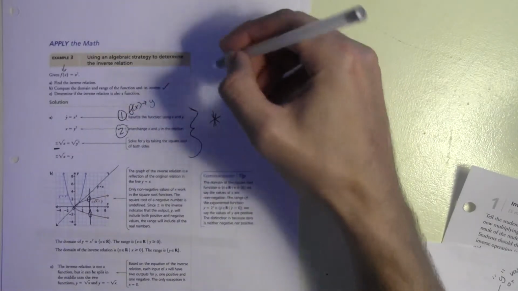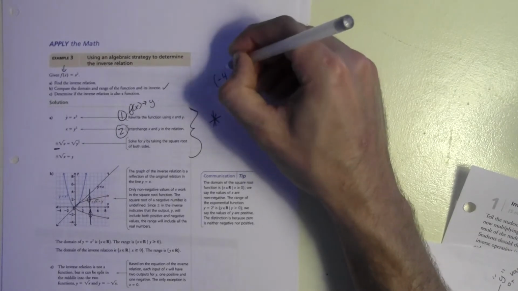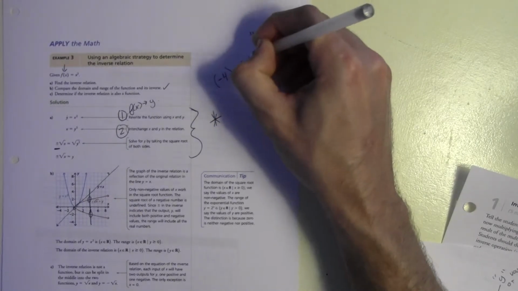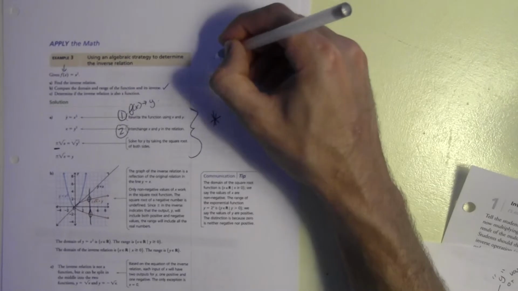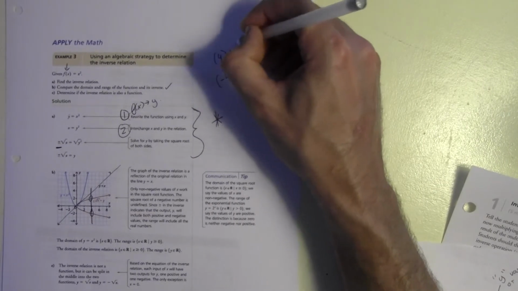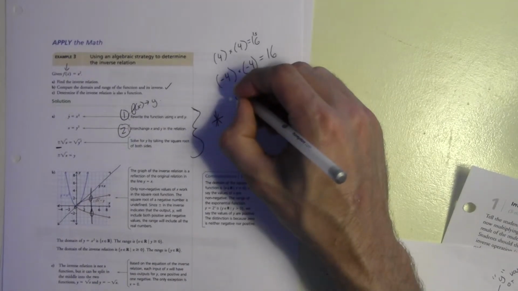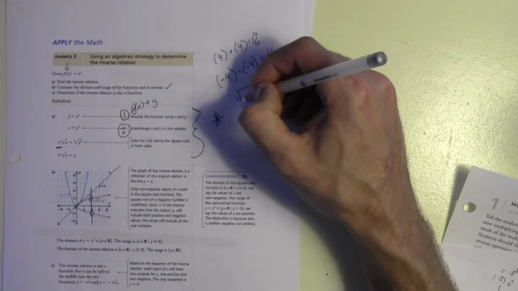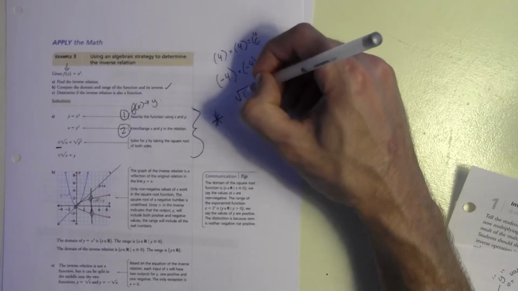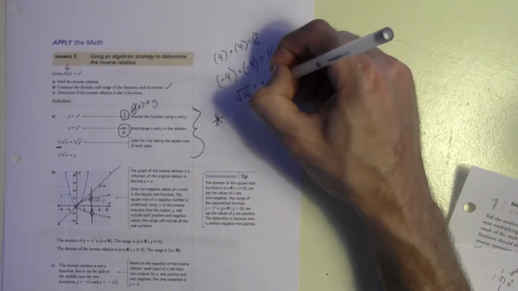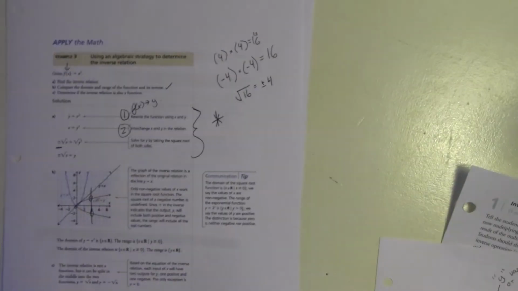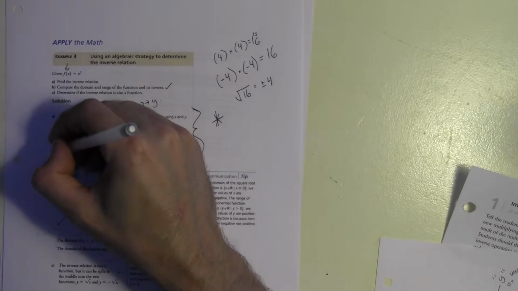Negative 4 times negative 4 is 16, and 4 times 4 is also 16. So the square root of 16 is plus or minus 4. That's why this plus or minus comes in here.